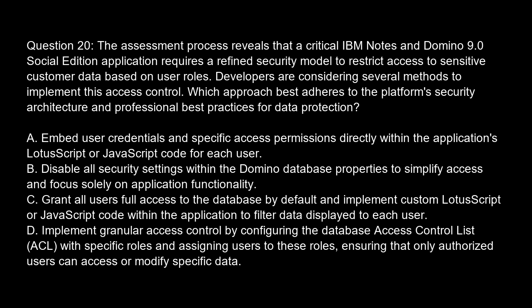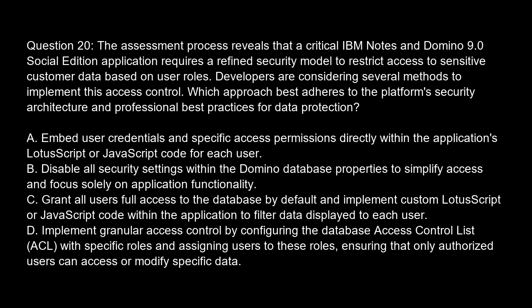Option A. Embed user credentials and specific access permissions directly within the application's Lotus script or JavaScript code for each user. Option B. Disable all security settings within the Domino database properties to simplify access and focus solely on application functionality.